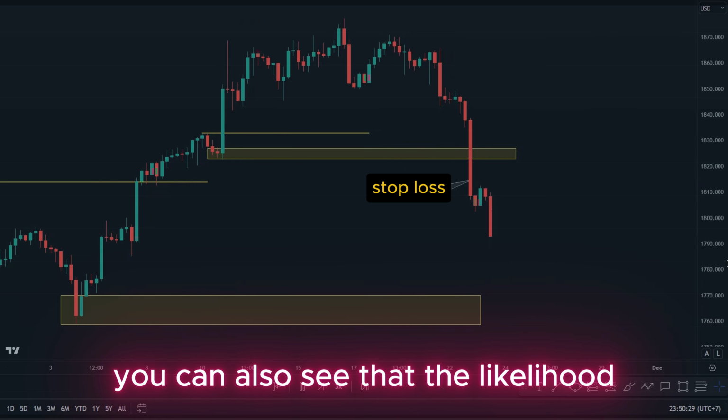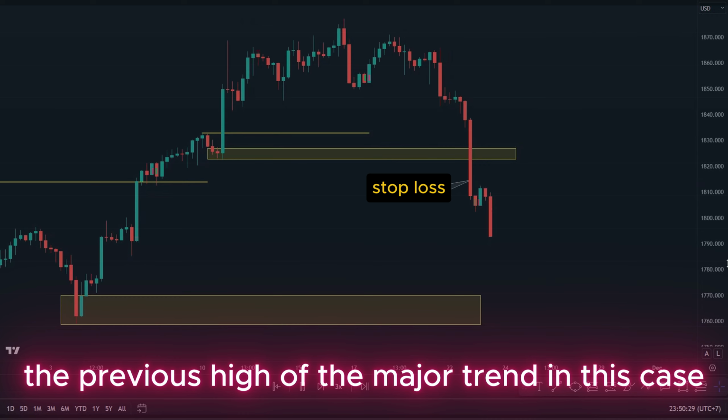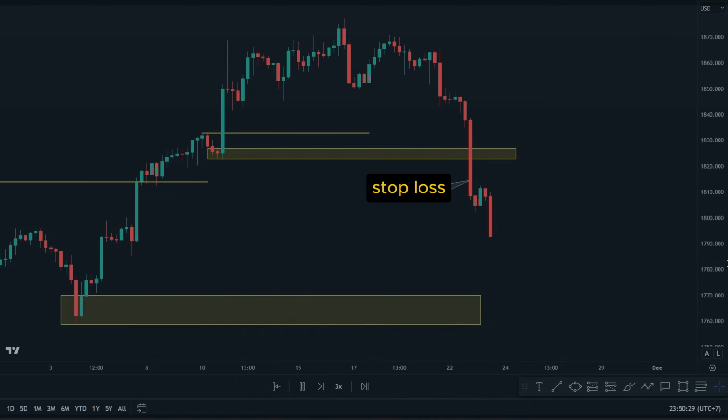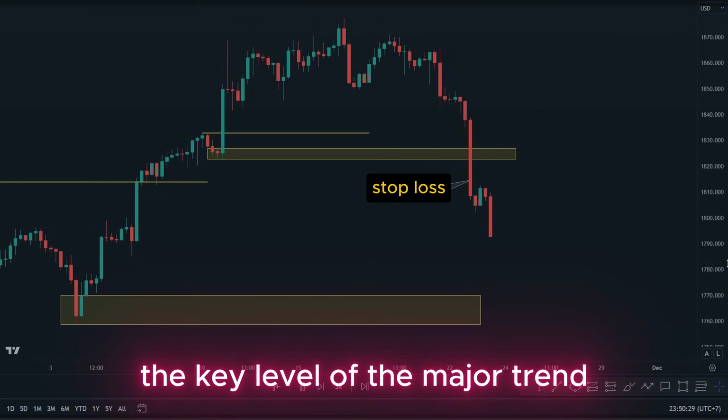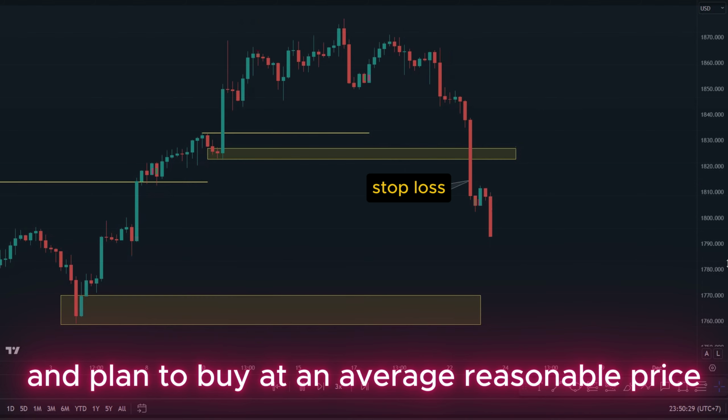You can also see that the likelihood of it reaching the previous high of the major trend in this case is there but not high. The higher likelihood is that it will reach the key level of the major trend. So at this point, be patient and wait, and plan to buy at an average reasonable price.